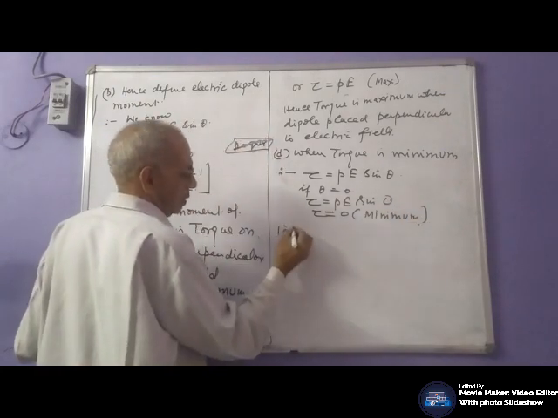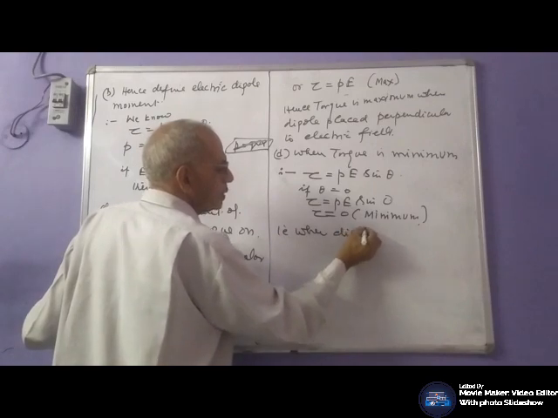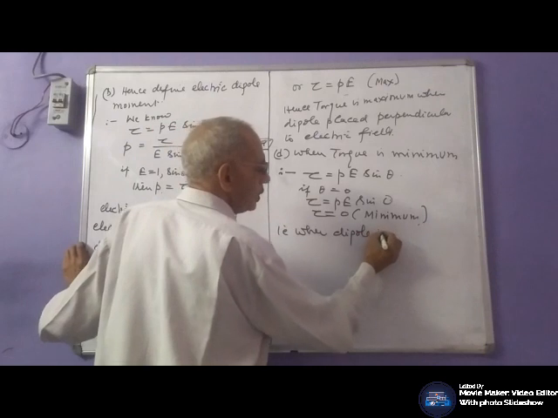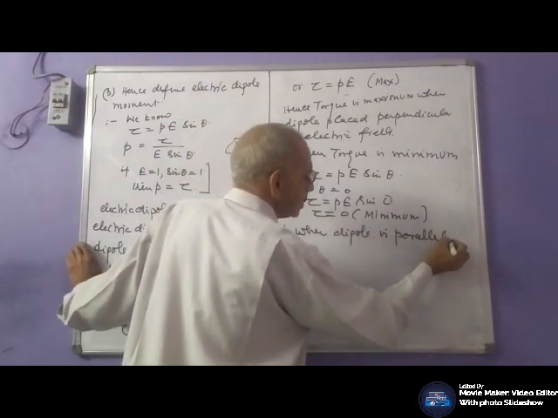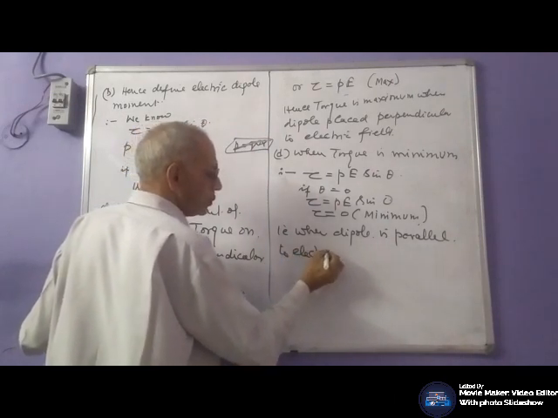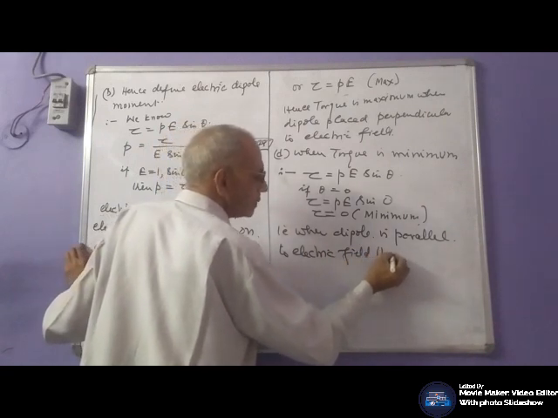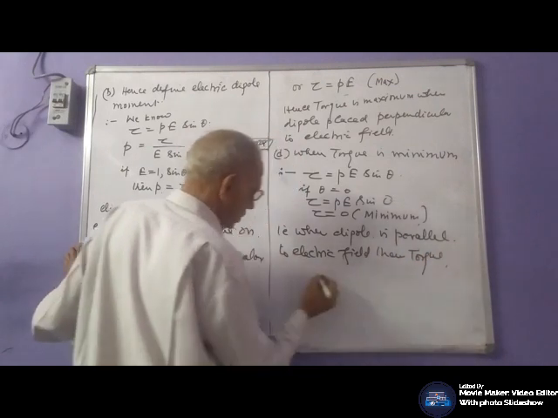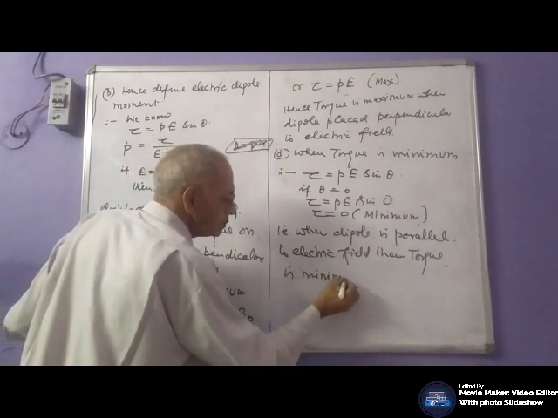That is, when the dipole, see the figure, theta 0, when the dipole is parallel to the electric field, then torque is minimum.